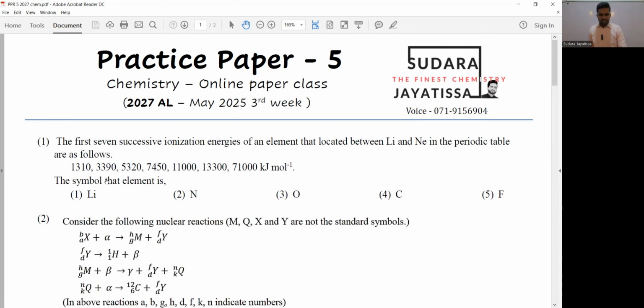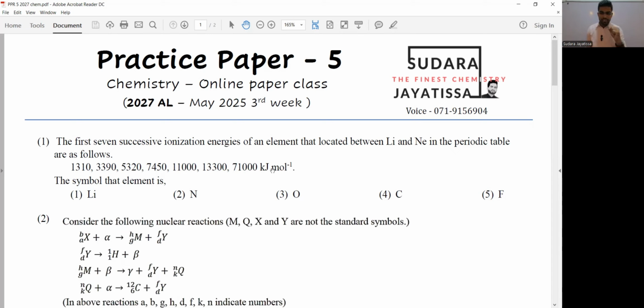But you can see here, if you carefully go through the values, between this 13,300 value and the next value, which is 71,000, it's a very sharp increment. You will see a sharp, remarkable increase of ionization energy during some successive ionization energies.